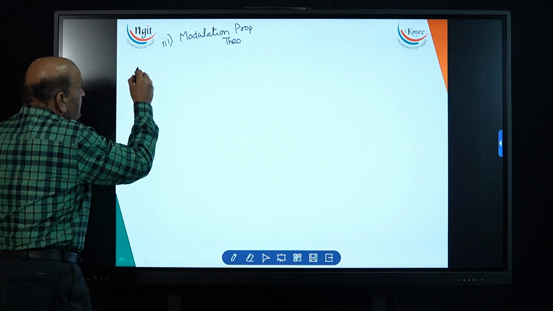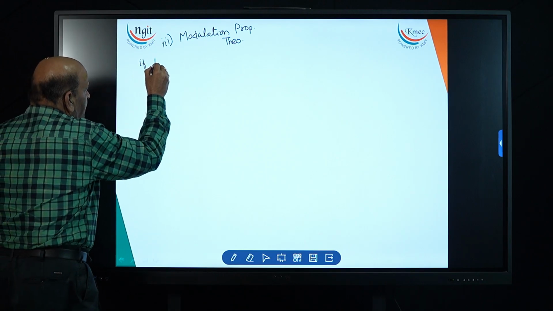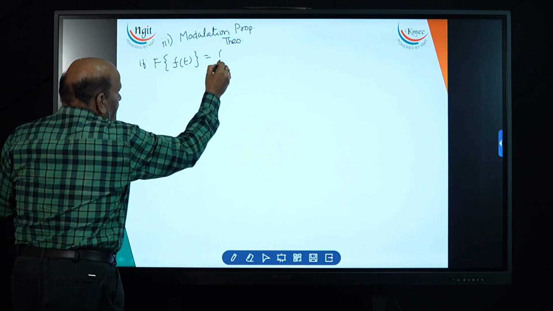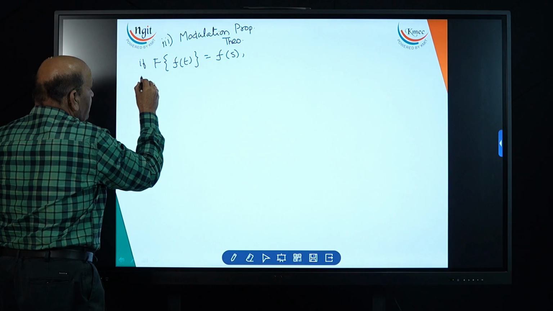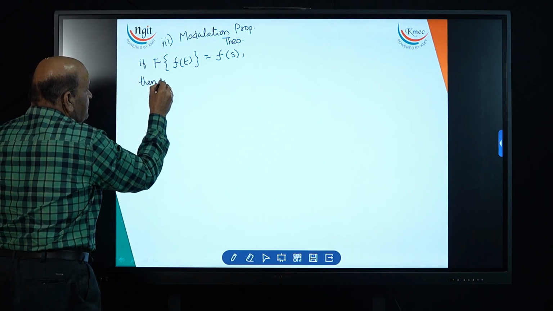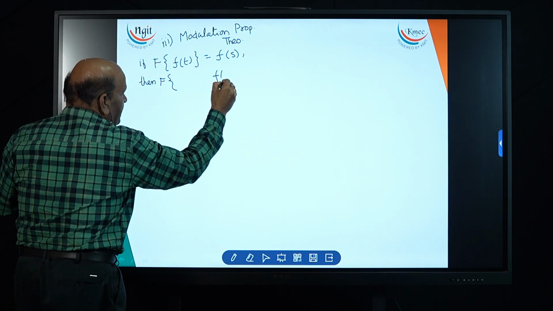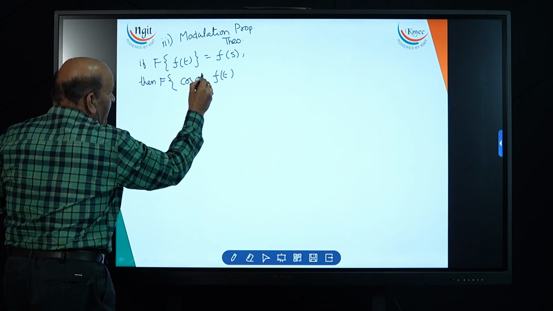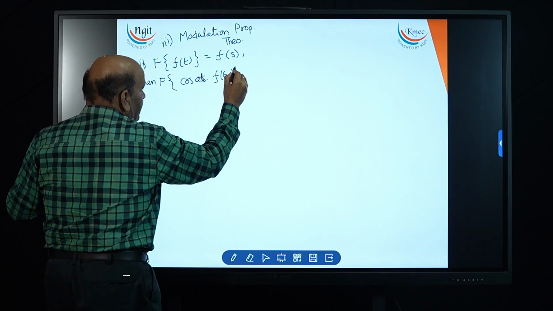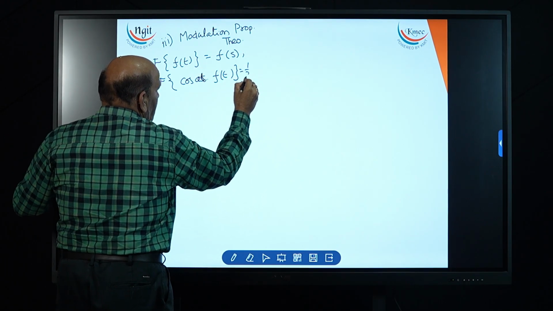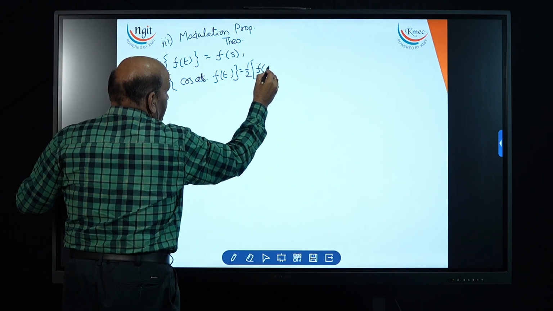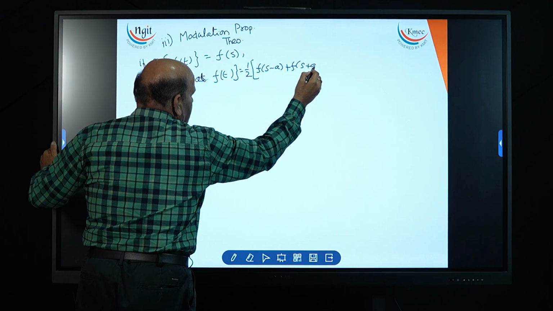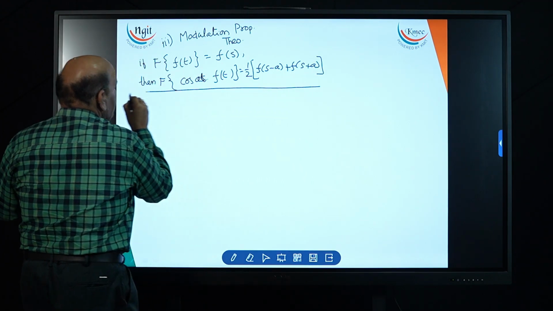So just look at, if the Fourier transformation of any given signal f of t is equal to F of s, then the Fourier transformation of the given signal, if it were multiplied by a cosine signal, then its value will be half into F of s minus a plus F of s plus a. Very important concept. Now we have to prove it.